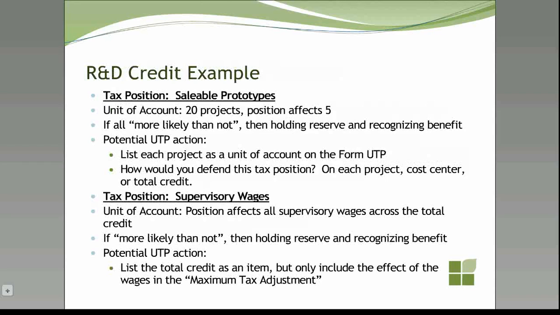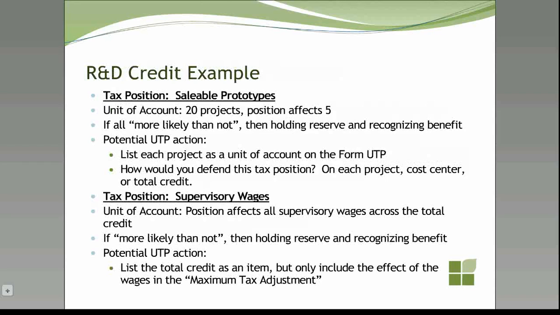So the potential UTP action is probably listing that project as a unit of account on the form. So you'd actually probably have 5, if those 5 projects have uncertainty to them. Listing them separately, what you would list for the maximum tax adjustment is how much the saleable prototypes are worth, not necessarily how much the total project is worth.